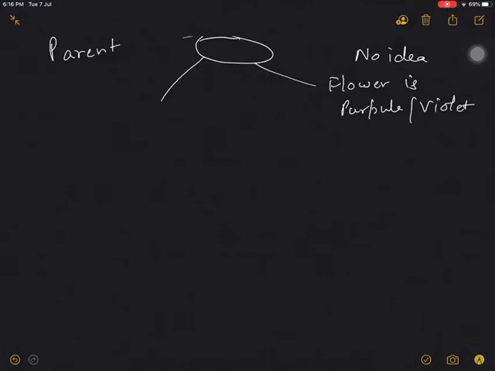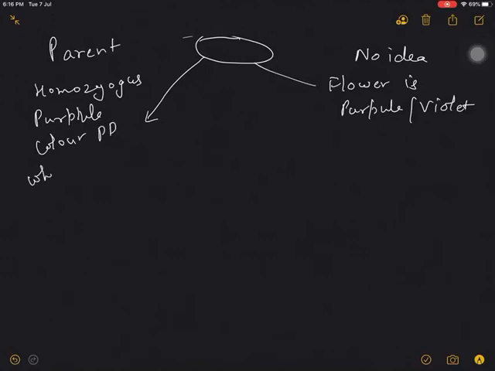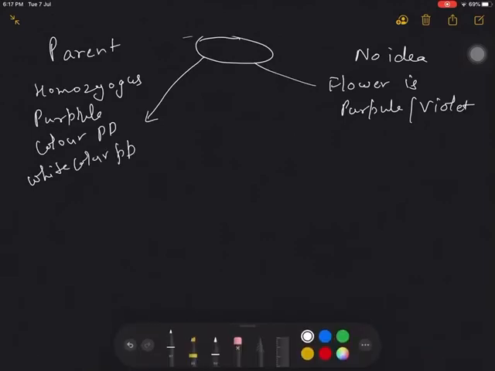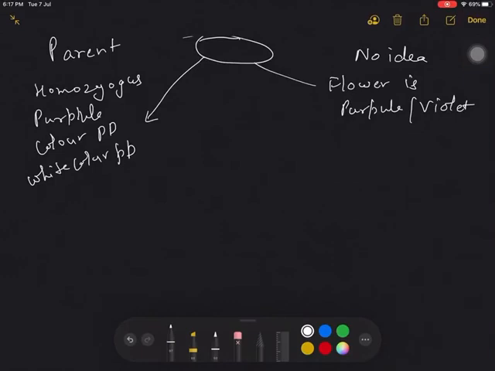So there is two possibility. And remember that for the homozygous purple color, I am using capital P, and white color I am using a small p. So this is clear that what symbol we have to use here.